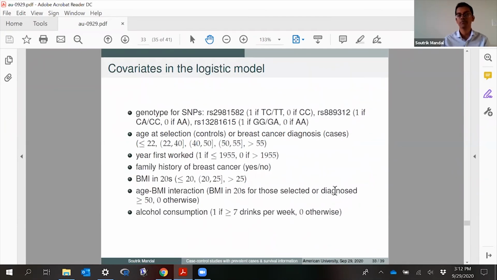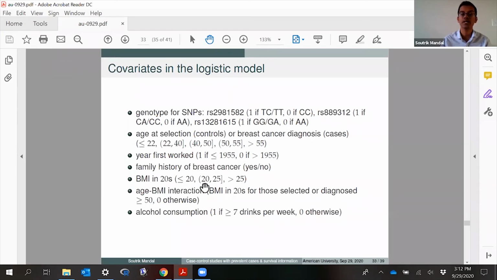And for the logistic model, we have the following covariates. We have three SNPs, and all of them are coded as 0-1 variables. We have the age at selection or breast cancer diagnosis that I have already discussed. We have year first work and family history of breast cancer, a yes or no response. We have BMI in 20s, so whether the BMI was less than or equal to 20, between 20 and 25, or over 25.